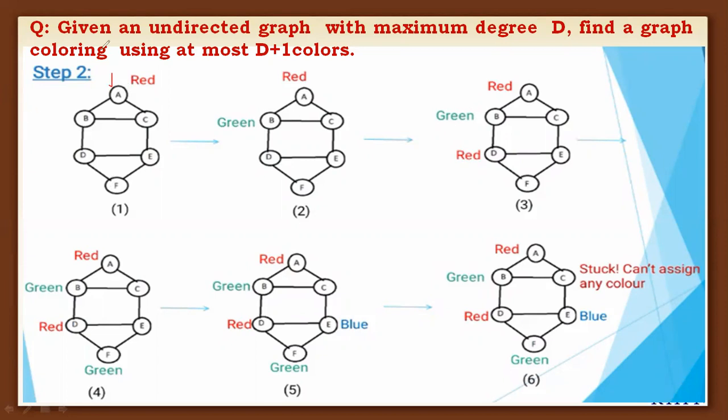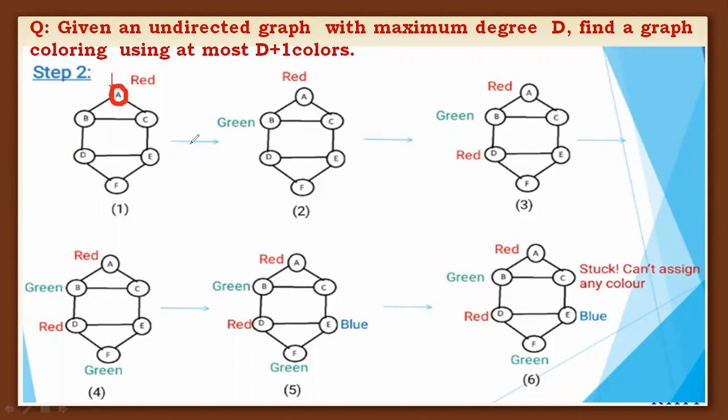So vertex A is colored with red color in the first step.